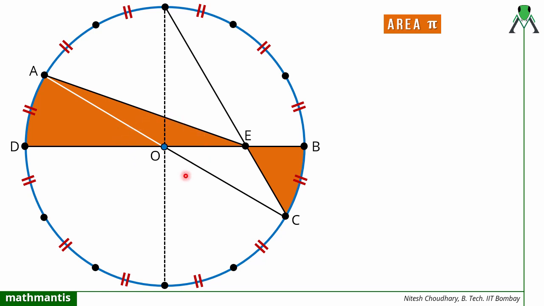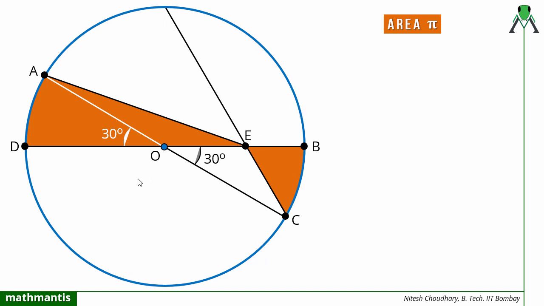Total angle of the circle is nothing but 360 degrees. So 360 degrees divided by 12 will be one of the angles. So this angle will be 360 by 12, 30 degrees. This angle will also be equal to 30 degrees. So this is how we will use the condition of equal arc lengths in which the circumference of circle is divided.